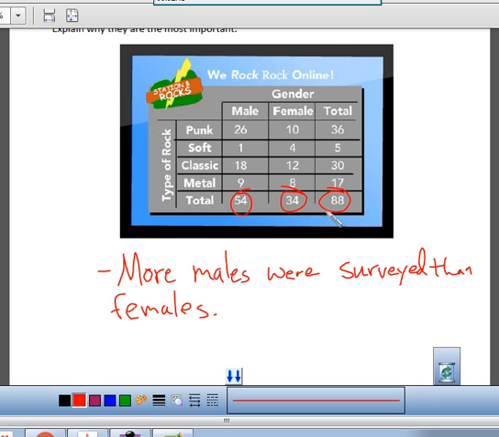Others might point out that there were only 88 people surveyed, and that's not a big number, or that is a big number. So that could be one important thing.